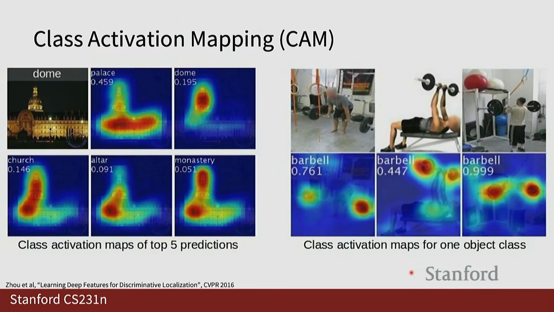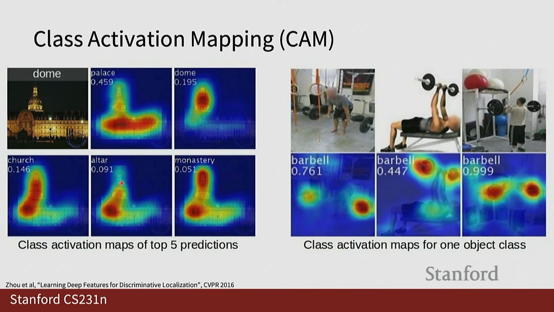And this means that I have a way now to go back to the image space, because as long as I'm in the convolutional space, I can go all the way back to the image and create these maps. For example, for each of the classes, palace, dome, church, altar, and monastery, we can have different class activation maps.